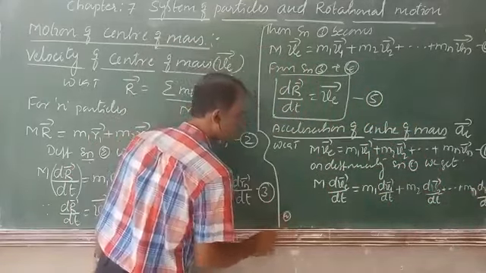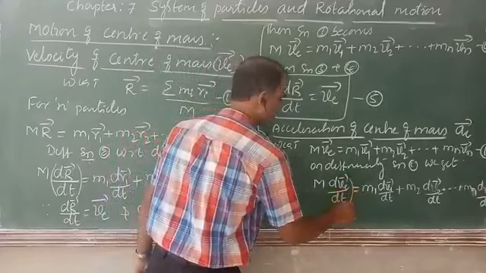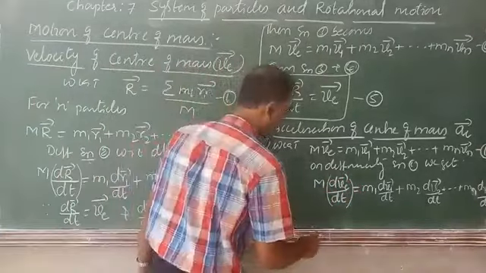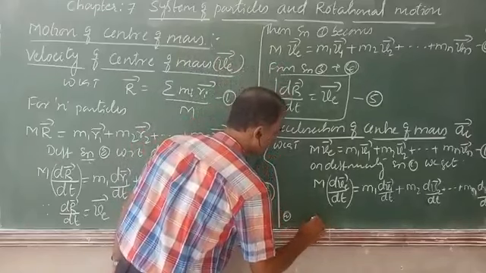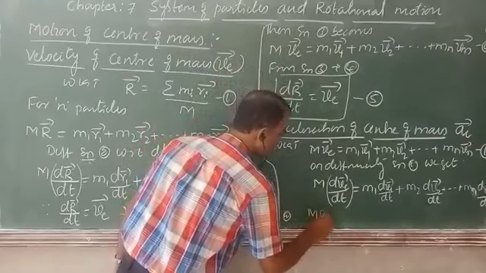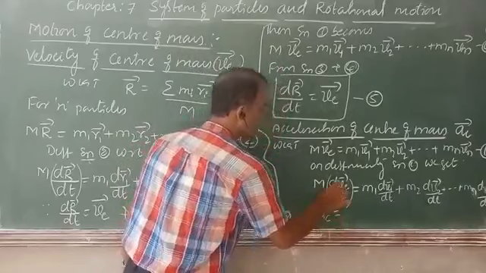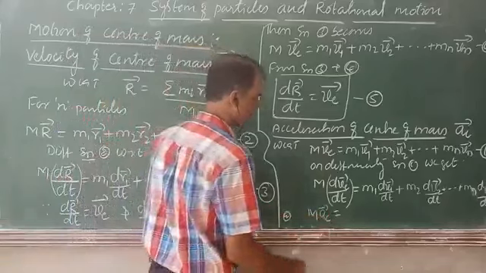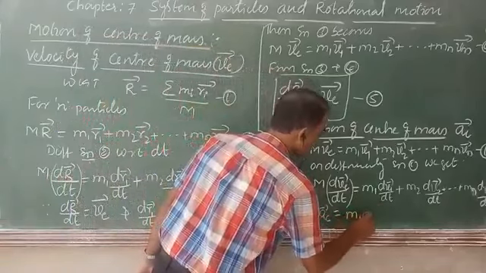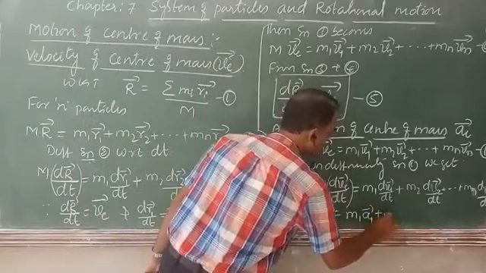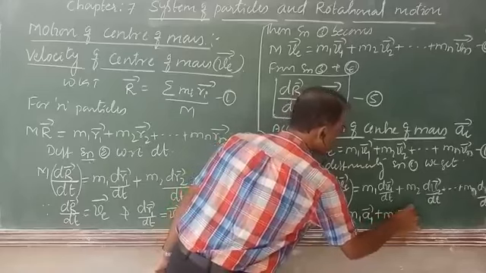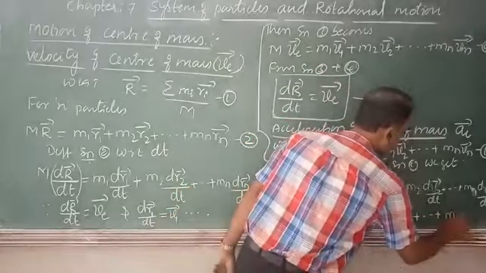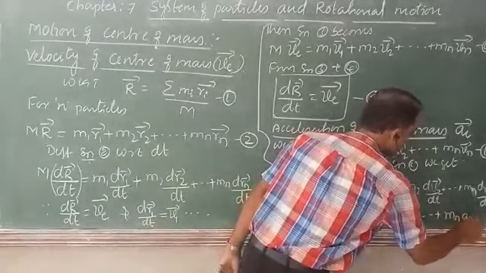We know that dvc divided by dt is nothing but the acceleration of the center of mass. We write this as M into ac vector, which is equal to m1 a1 vector plus m2 a2 vector plus so on plus the last term mn into an vector.